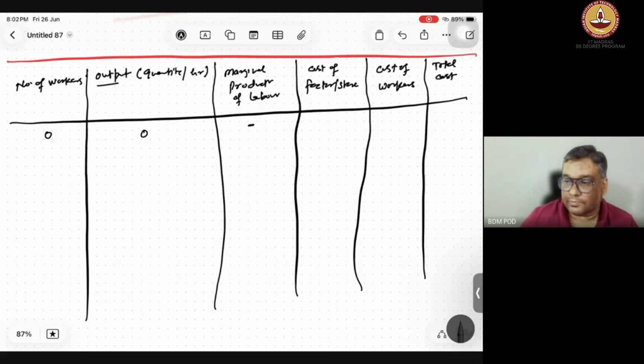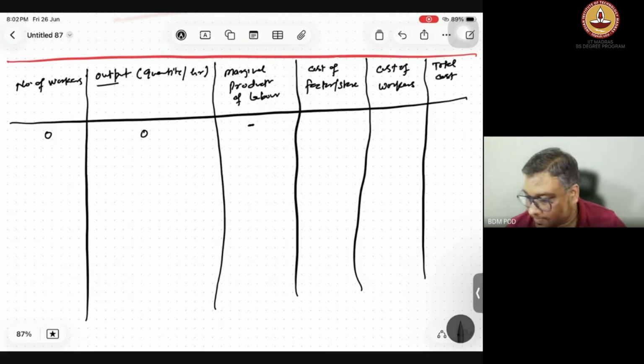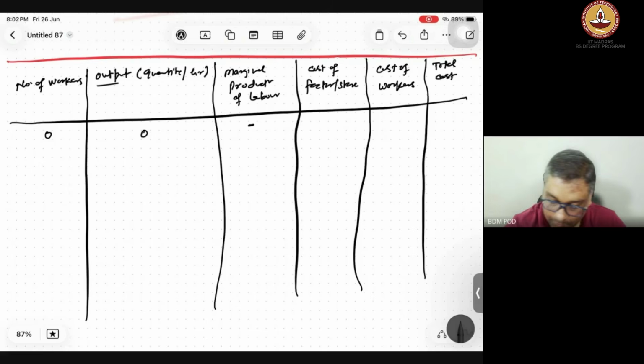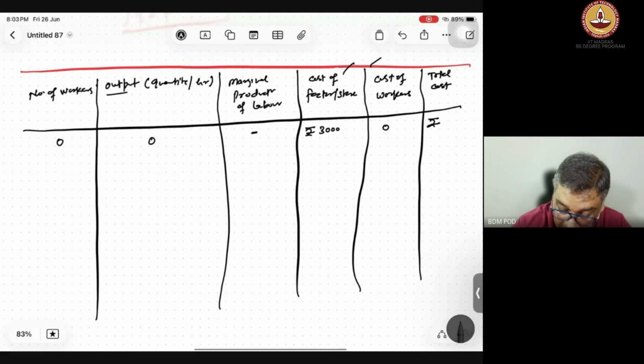Tell me, what is the cost of worker? It is zero, sir. It is 0. So your total cost is the cost of workers plus the cost of your store or factory. So total cost is a summation of both these costs. So it is 3,000 rupees.